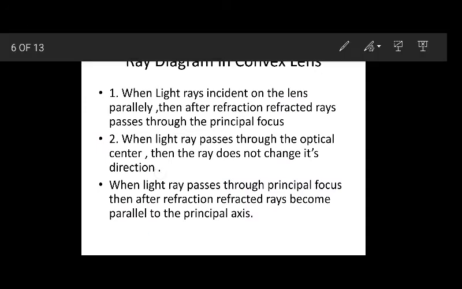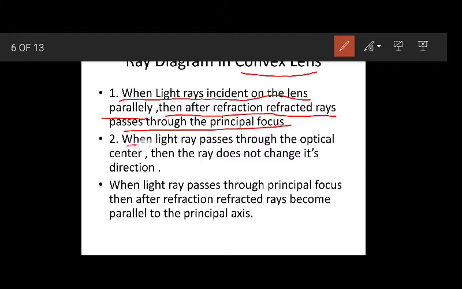So we may write in this way: ray diagram for convex lens. When light rays incident on the lens parallel to the principal axis, then after refraction refracted rays pass through the principal focus.